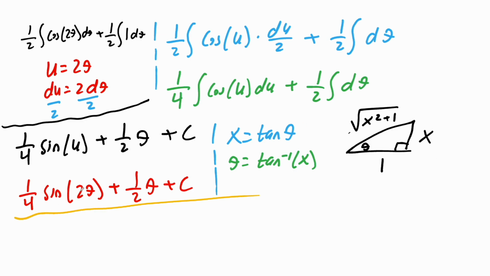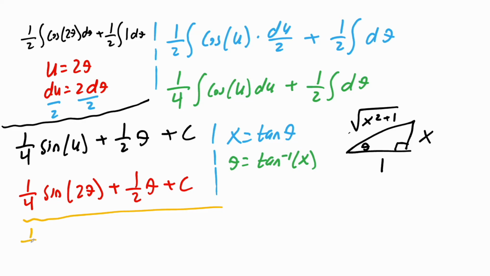Instead of saying sine 2 theta, we can use another trig identity. Sine 2 theta is the same as 2 sine theta cosine theta. So let's rewrite it. Next, we're going to use another trig identity. Sine 2 theta is the same as 2 sine theta cosine theta.